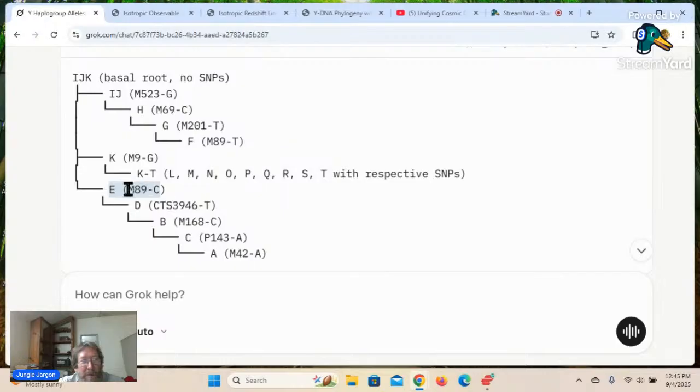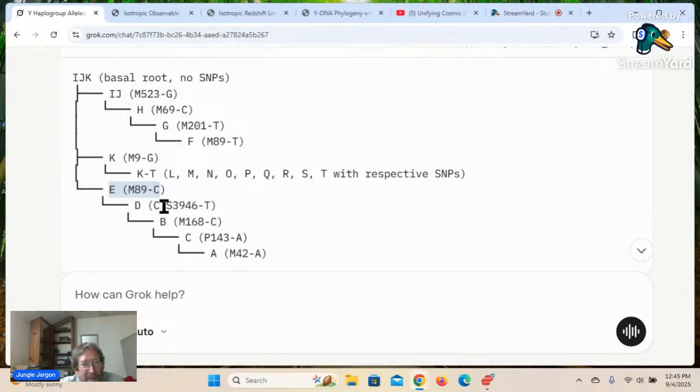So instead of an M89 T original allele, it has the single nucleotide polymorphism M89 C. So it changed from thymine to cytosine.